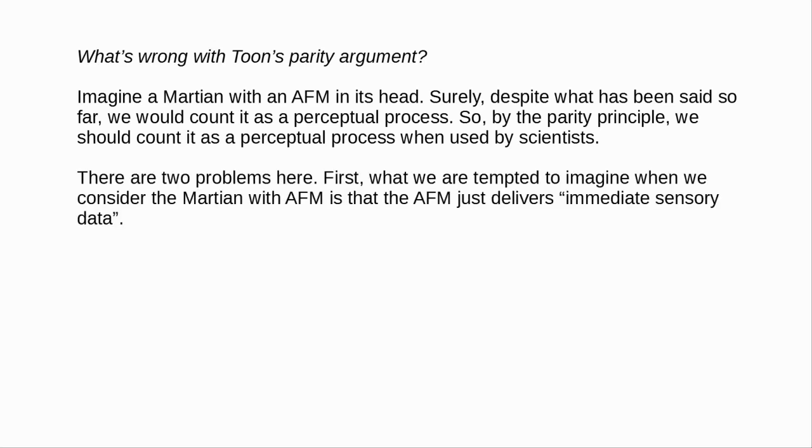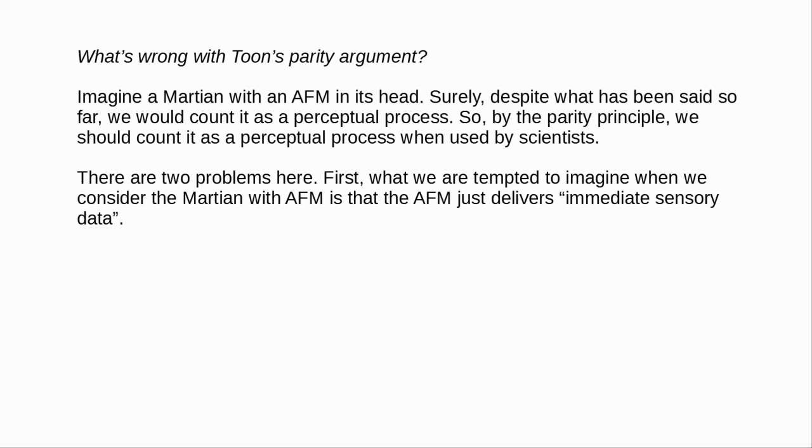So, first problem. What we are tempted to imagine when we imagine the atomic force microscope Martian is that the output of the atomic force mechanism in the Martian's head is not an artifact that is then made available for the Martian's examination, but is simply immediate sensory data. So in just the way that human vision produces immediate sensory data, right?